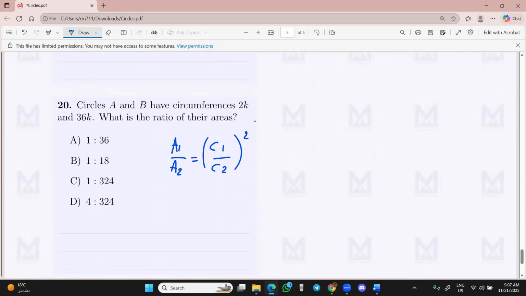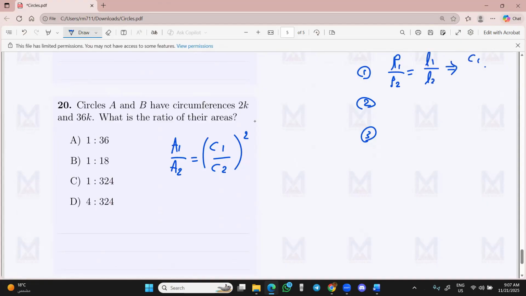Listen and look at these. These are three common formulas you need to apply always in math. Let's talk about the perimeter. When you talk about the perimeters, we have perimeter 1 over perimeter 2 is equal to side length 1 over side length 2. You can also apply it in the circle.